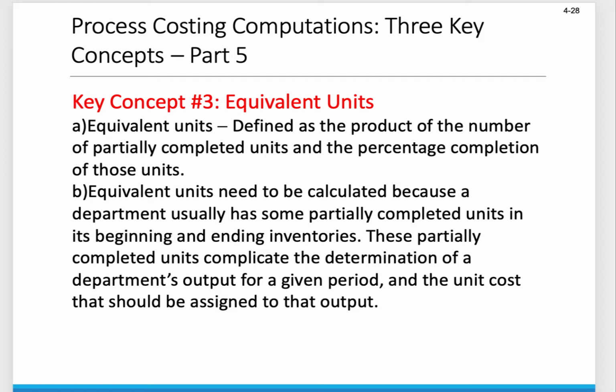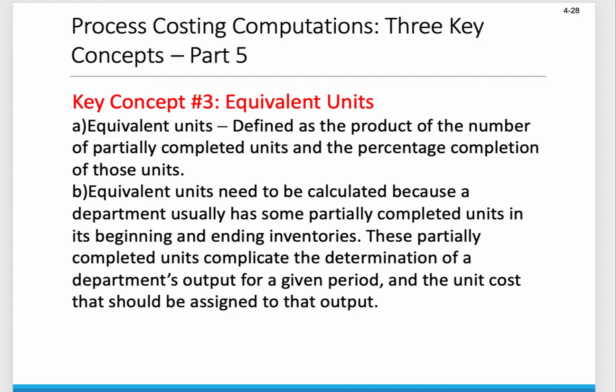Because each department is going to have some partially completed units in its beginning as well as its ending inventory, these partially completed units complicate our job in determining the department's output for a given period, and what are the units that should be assigned to that output. So basically, at the end of the day, we're going to have to restate the ending work in process inventory as if it were comprised of a smaller number of fully completed units. That's a pretty important concept.